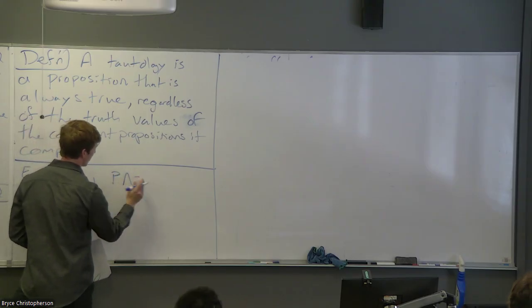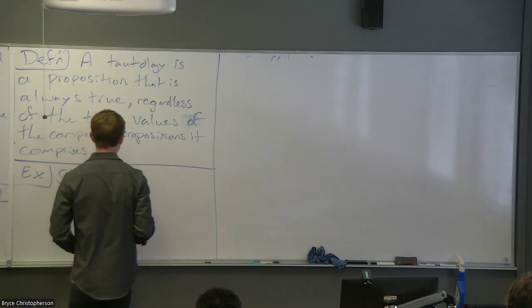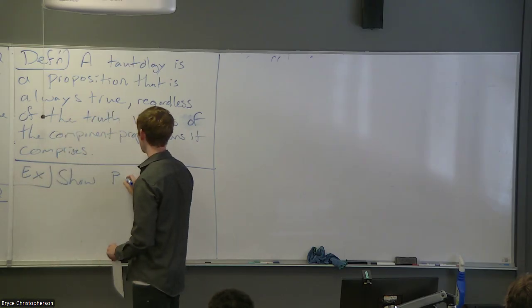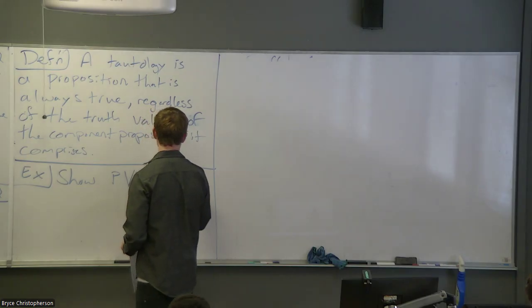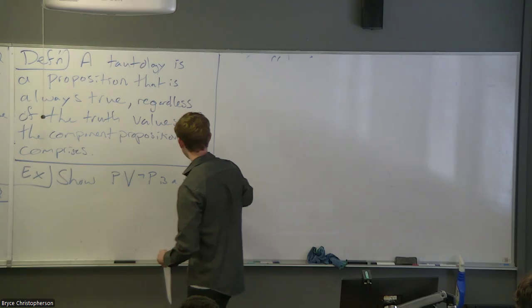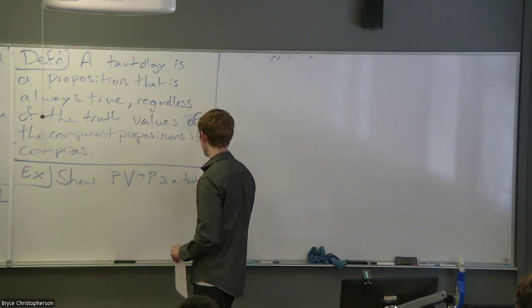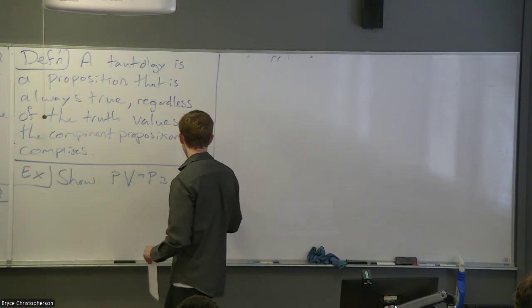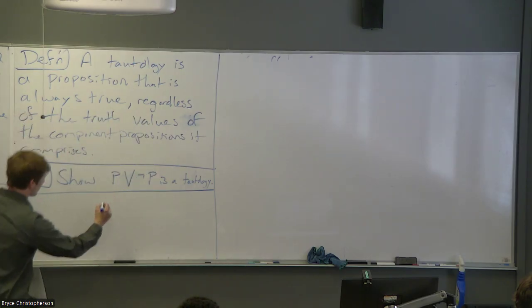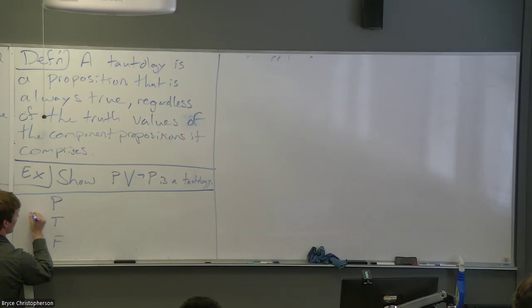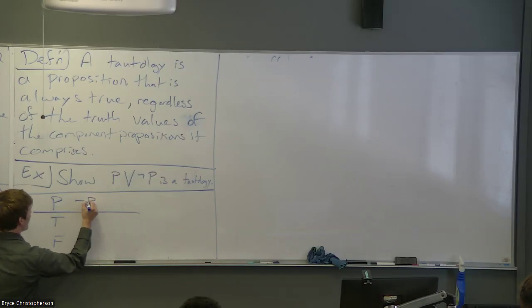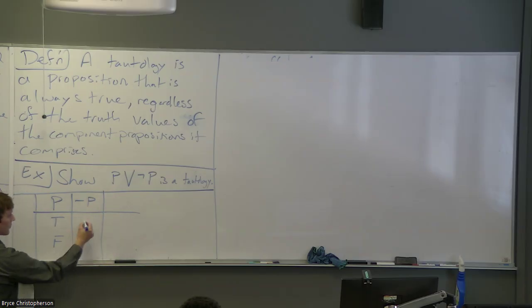And of course, let's make it more fun. P or not P is a tautology. So here's what we'll do. P could be true, or it could be false. Here's not P. That could be, well, if P is true, this is false.